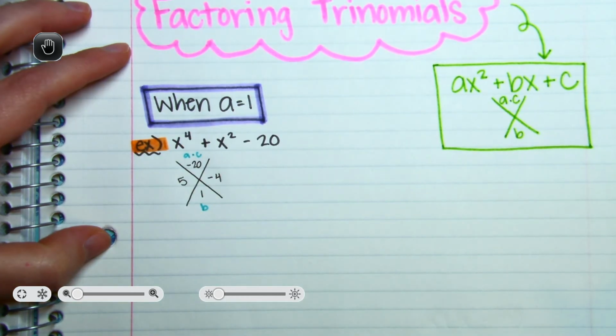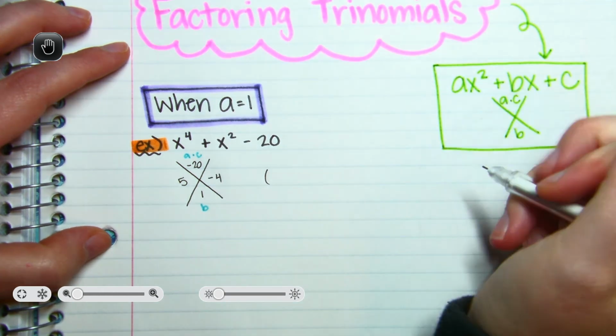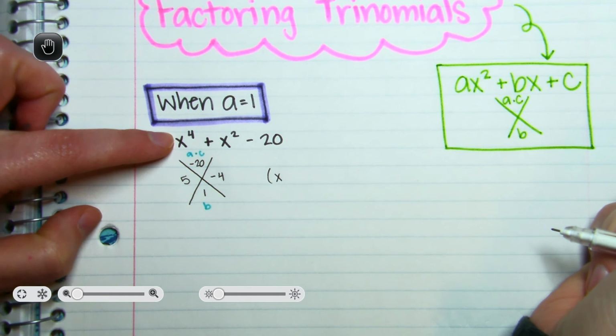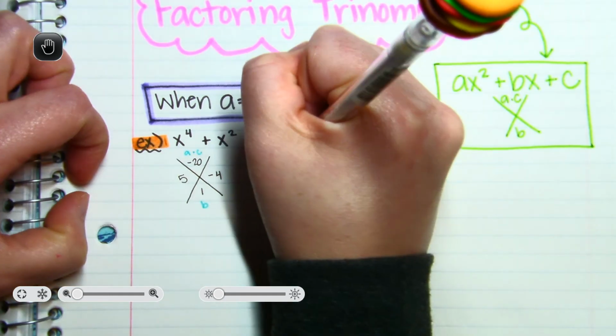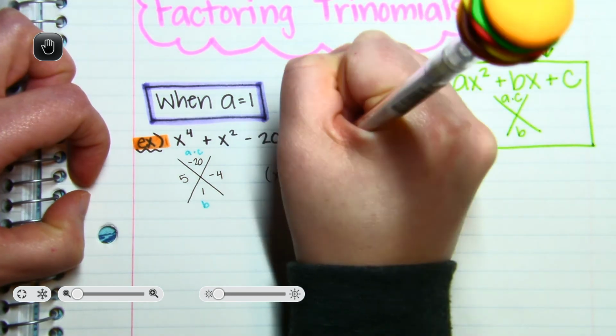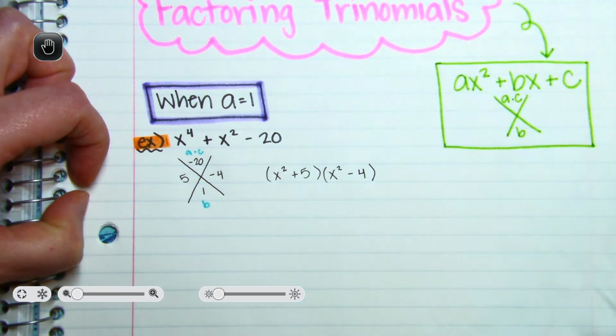All right, so this is going to be, now notice this is an x to the fourth and an x squared. We're used to seeing x squared and x. So these are going to be x squared plus 5, x squared minus 4.